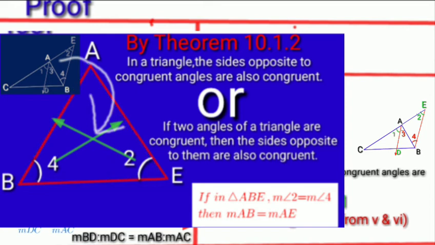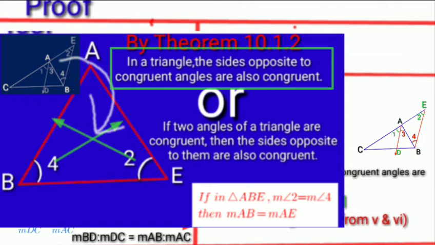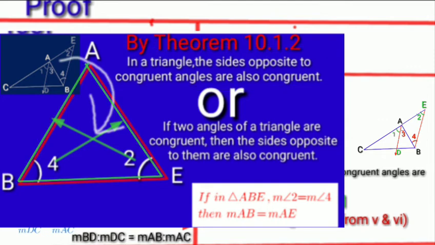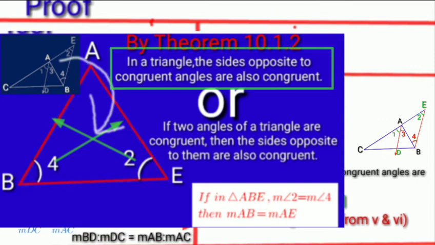In triangle ABE, two angles, angle 2 and angle 4, are congruent. Then opposite sides AB congruent AE are also formed by using theorem 10.1.2: in a triangle, the sides opposite to congruent angles are also congruent.